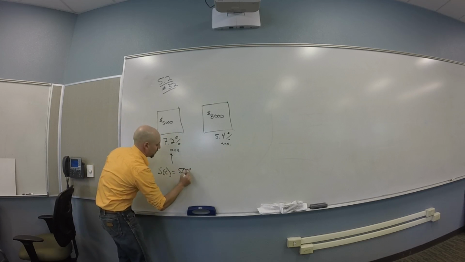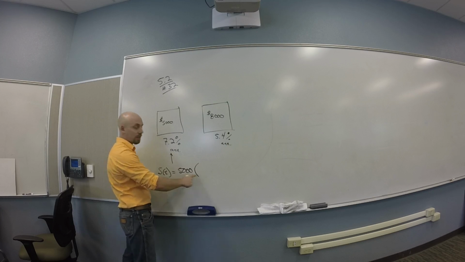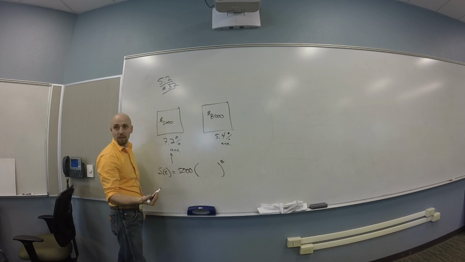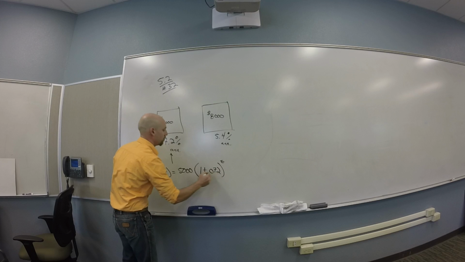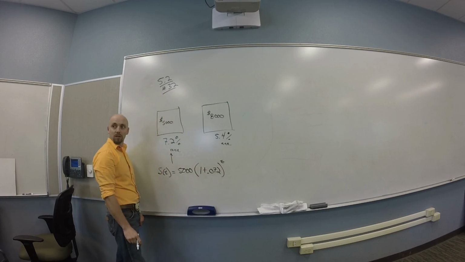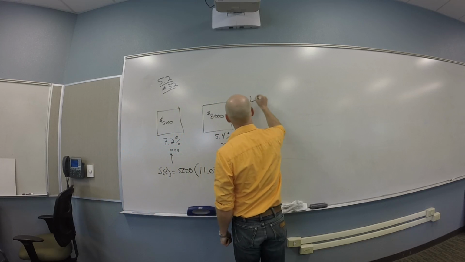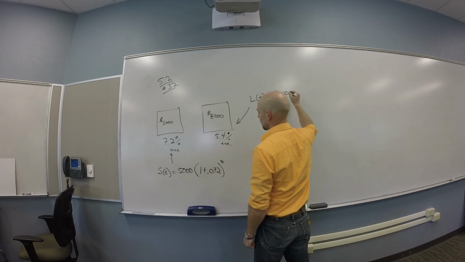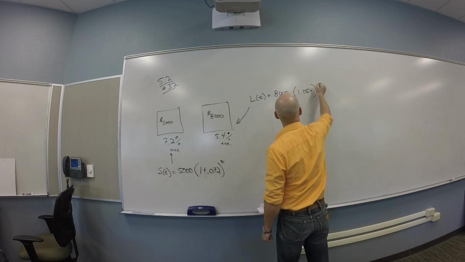It's 5,000 bucks, that's your starting amount, and then there should be something raised to the t: 1 plus 0.072. That equals the equation, that's S. And then L of t is 8,000 times 1.054 raised to the t.